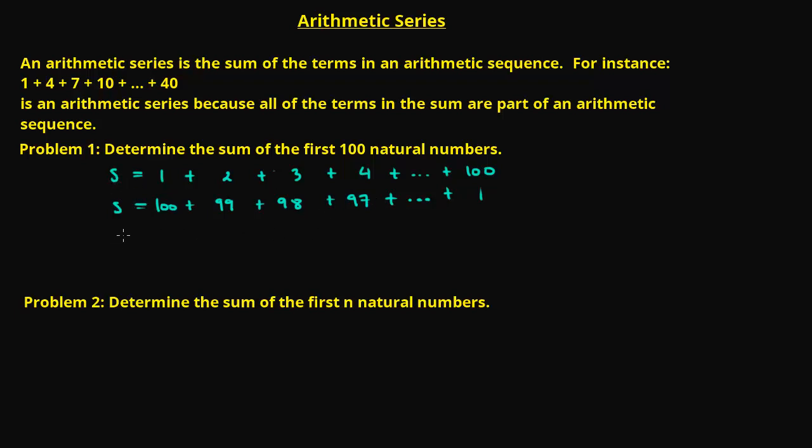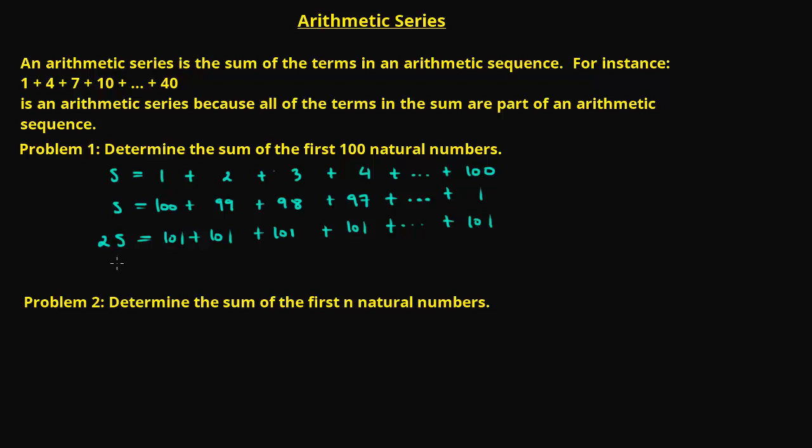If I add both these series together, I would have that 2 times the value of the series is equal to 101 plus 101 plus 101 plus 101 all the way to the nth term, which would be 101.